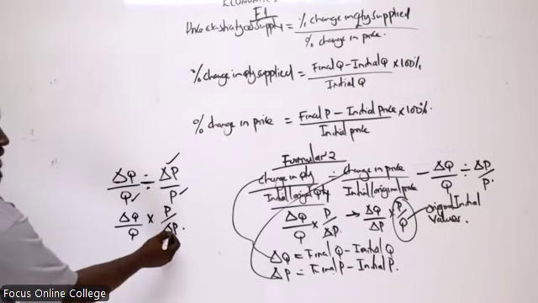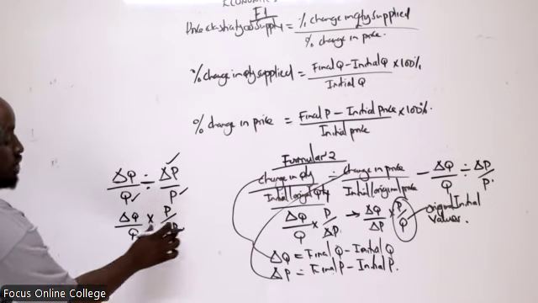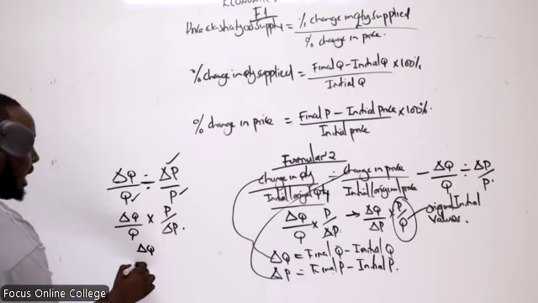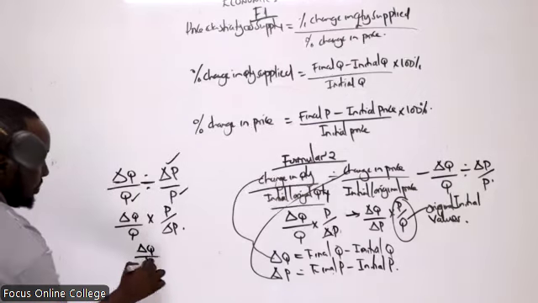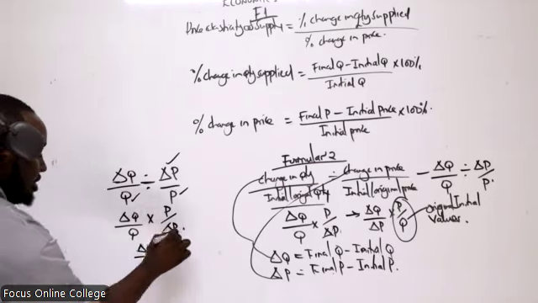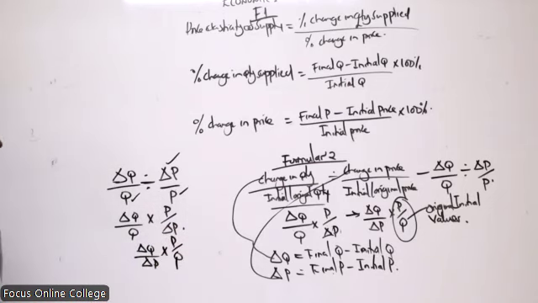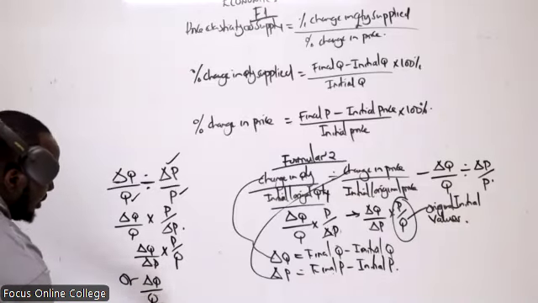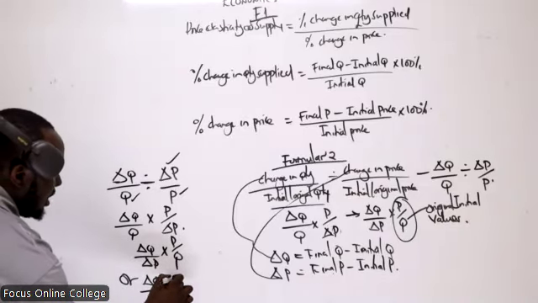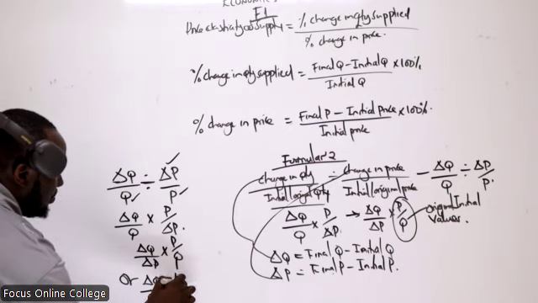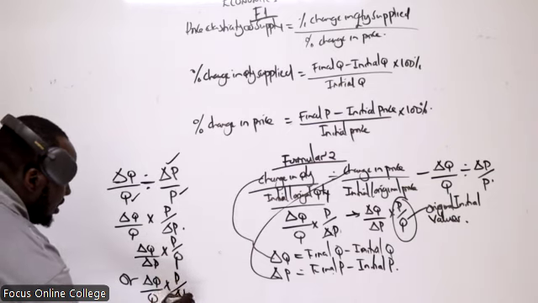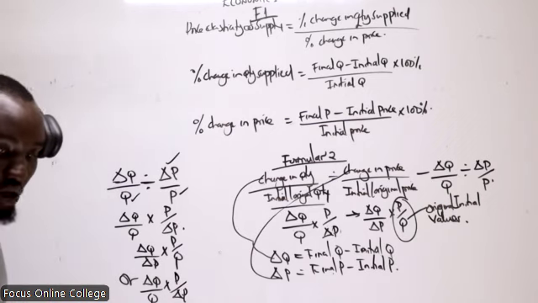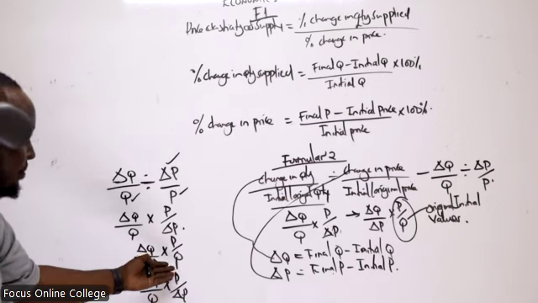So what is happening here? If I want to bring change together, I'll just say change in Q over change in P, and I can interchange because it's multiplication, then times P over Q. Or I can say change in Q over Q times P over change in P. I've simply brought this one here and taken this one there, which is okay because it's multiplication.